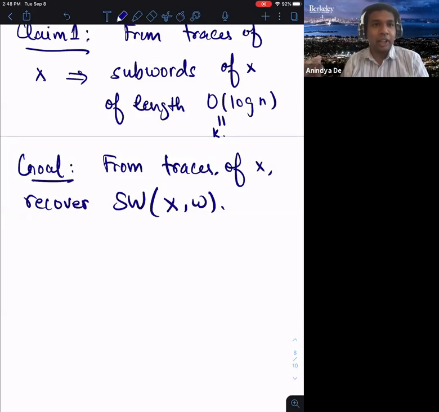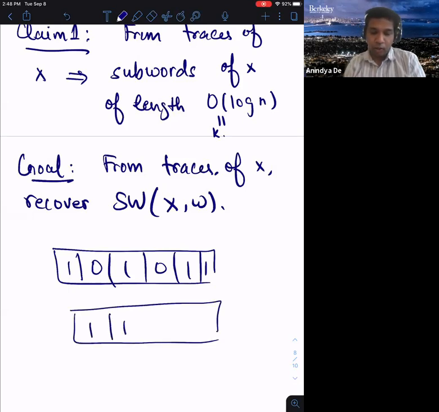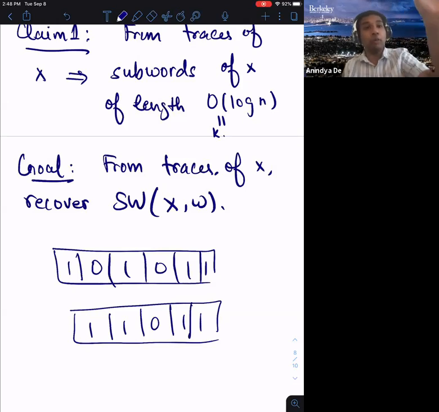Now, of course, here's the issue. Maybe if this is the string x, I get the trace 11011. So maybe only the second bit got deleted. Now, of course, the first 11 doesn't correspond to a true subword, because the first 11 in the trace corresponds to a 101 where the 0 got deleted.